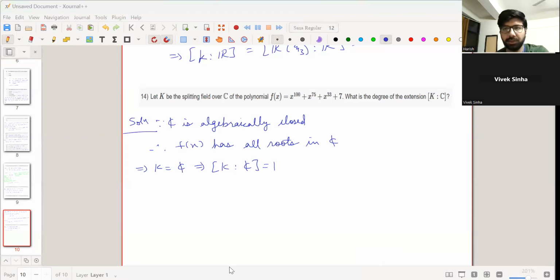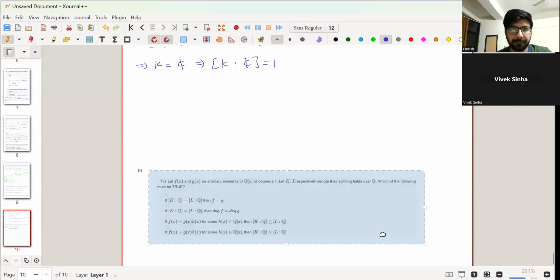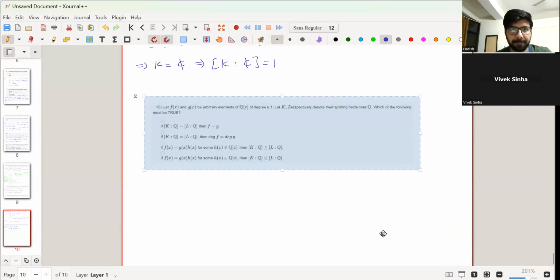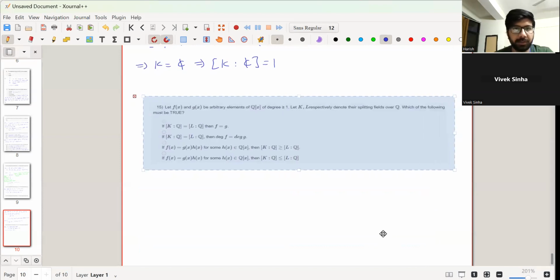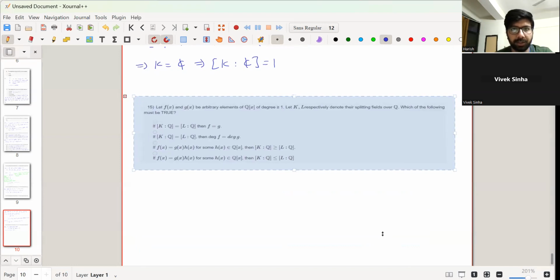Now the last question of this assignment. It says let f(x) and g(x) be arbitrary elements of Q[x] of degree greater than or equal to 1.